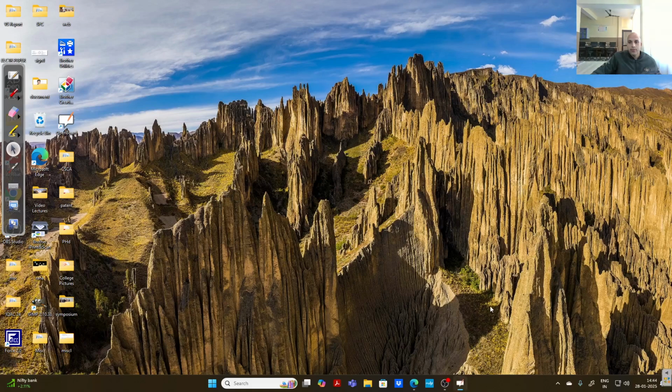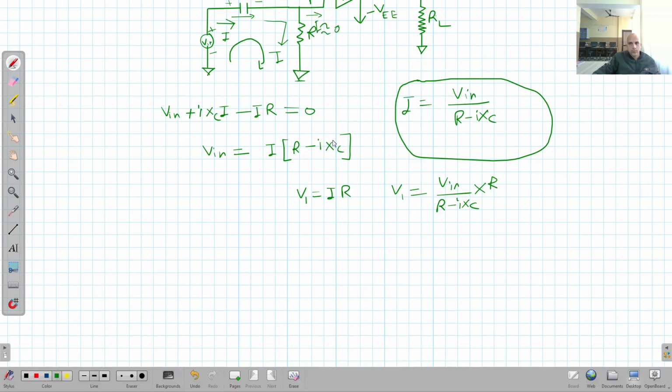Clear? So when we simplify it, it will become V1 is equal to V_in R upon R plus 1 upon 2 pi j fC. I can write it in a clearer way.